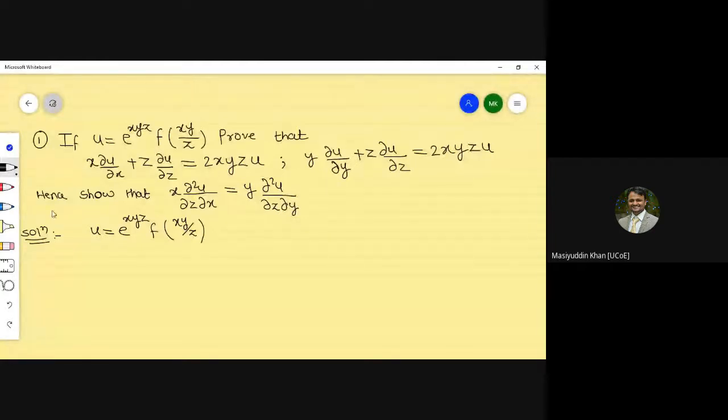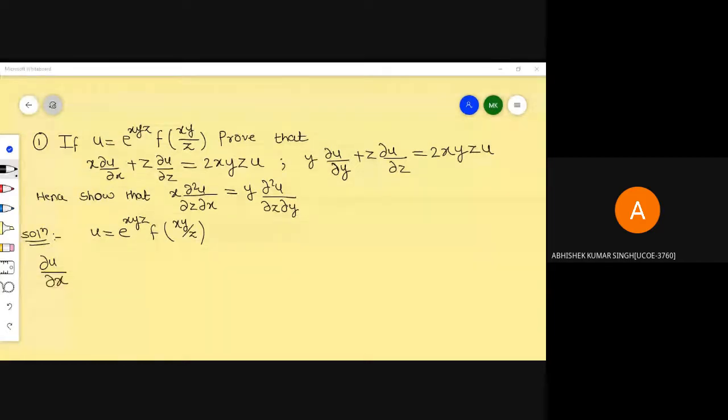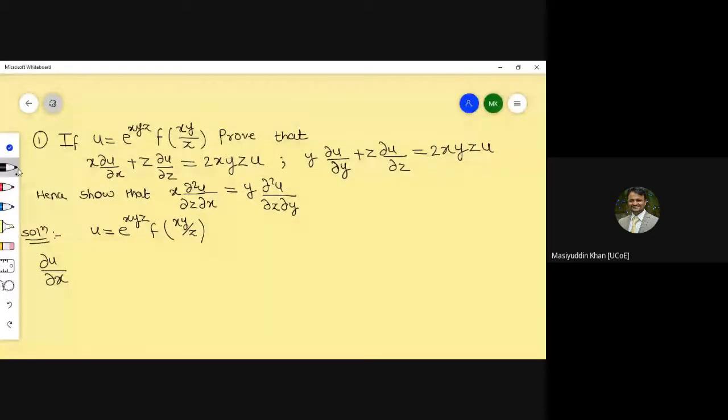So differentiating with respect to x, first of all, dou u. Differentiating with respect to x, this part, we have to differentiate with respect to x.